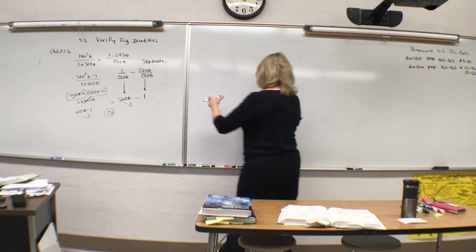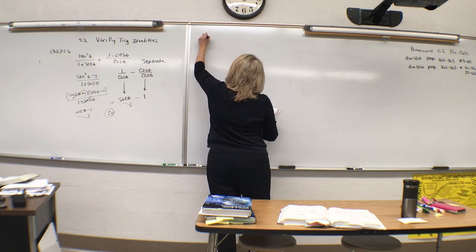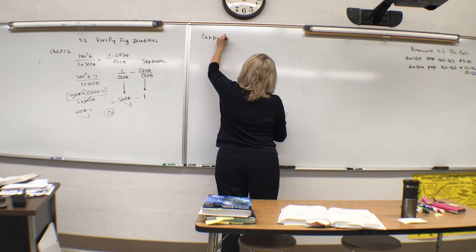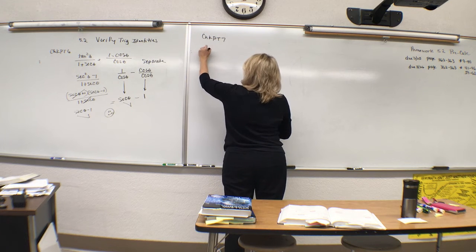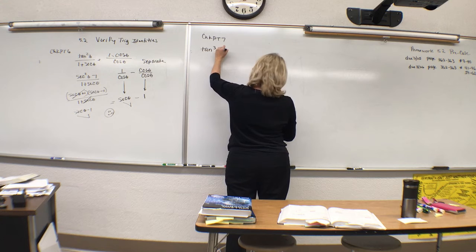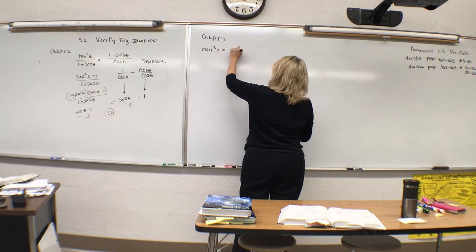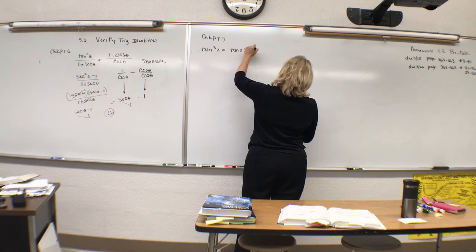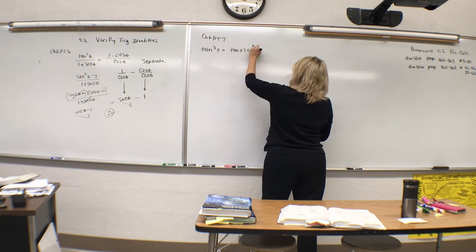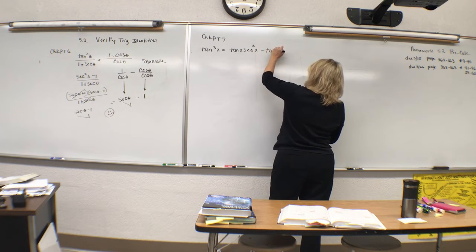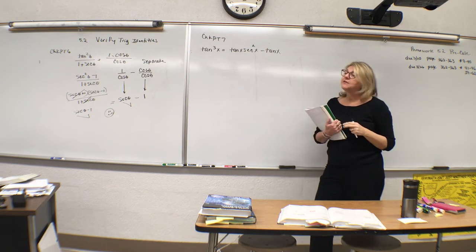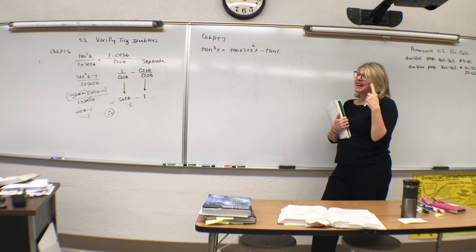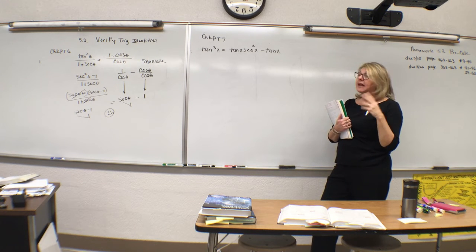Checkpoint 7 suggests to verify tan cubed x equals tan x times secant squared x minus tan x. Well, thinking as we did from the very beginning, the right-hand side looks far more complicated than the left.